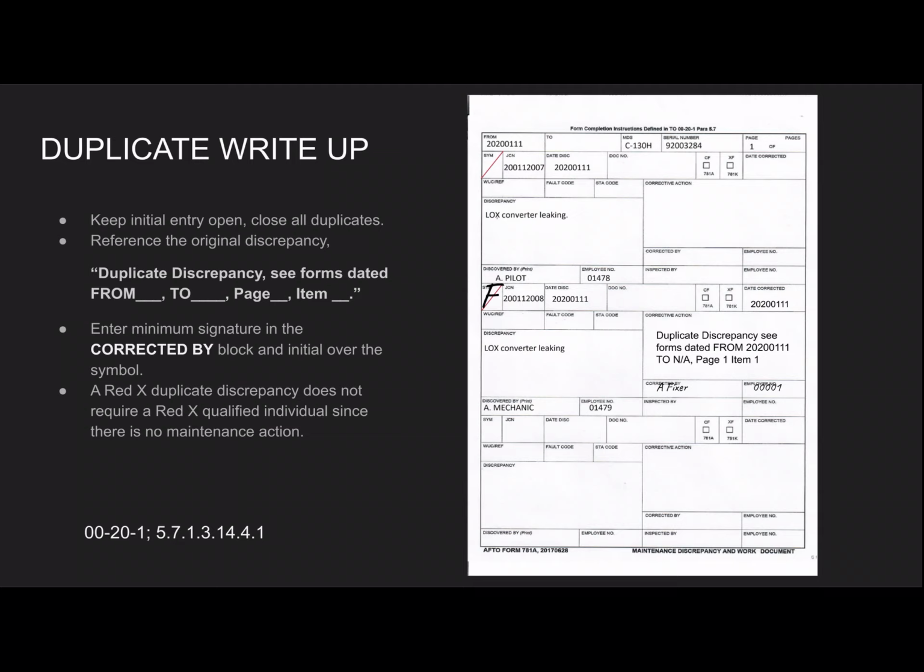You're going to keep the initial one open and then close out any duplicates after the initial with this verbiage: duplicate discrepancy, see forms dated, and the date that the forms are, and then you're going to reference where that original is. Then you will enter your minimum signature in the corrected by block and initial over the symbol.